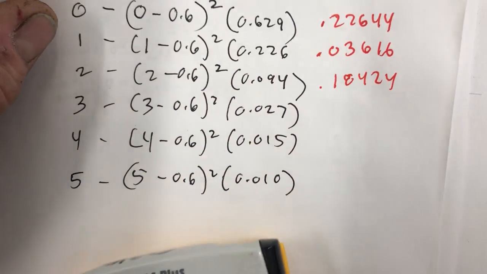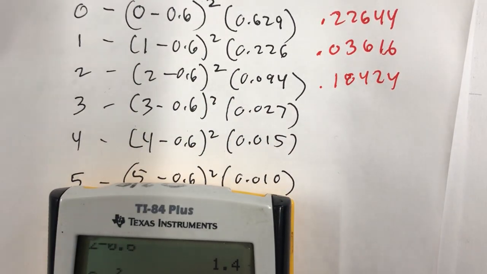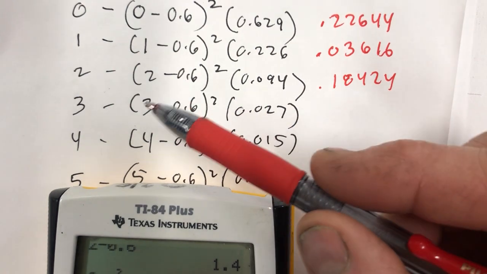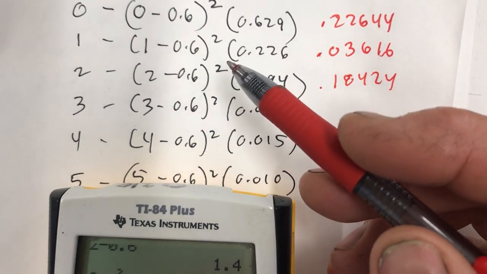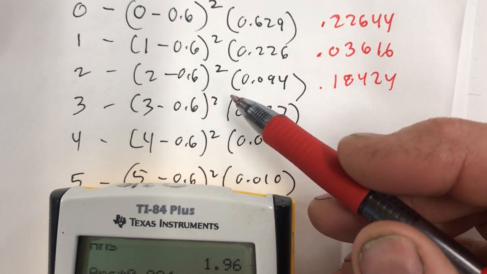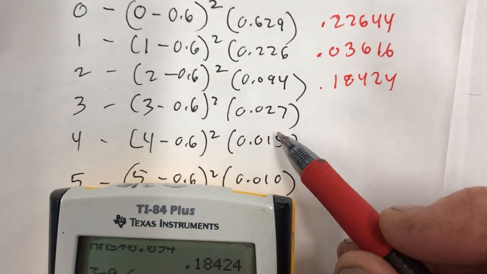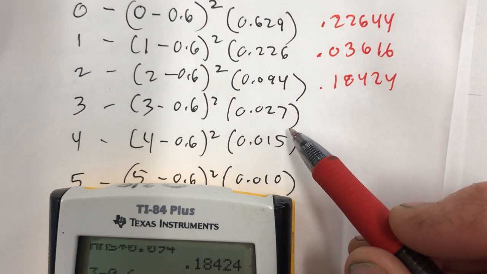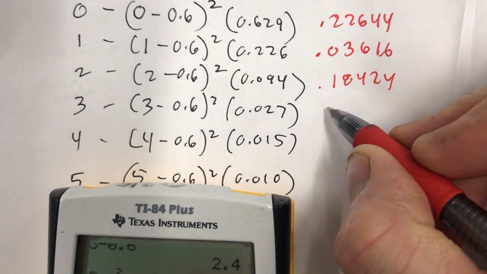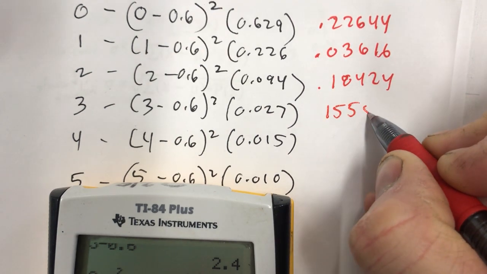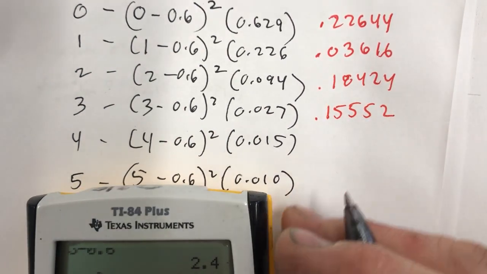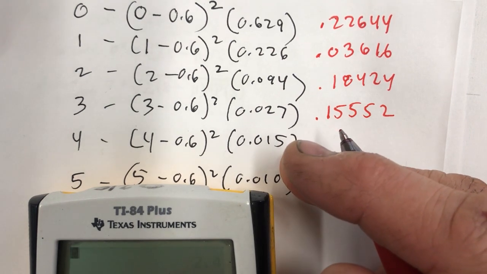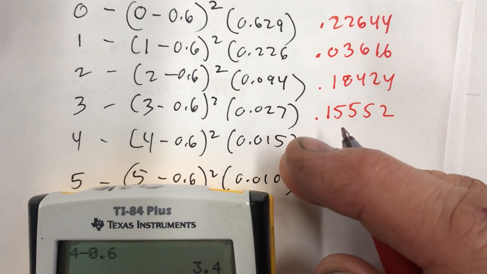Okay, we're halfway home. All right, so now here I'm going to take 3 minus 0.6 equals, square it, equals, times the probability of 0.027. And I got 0.15552.